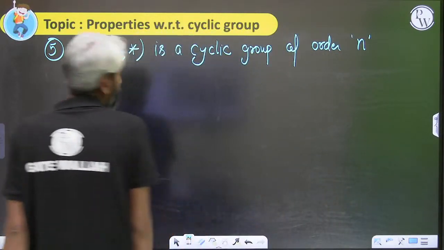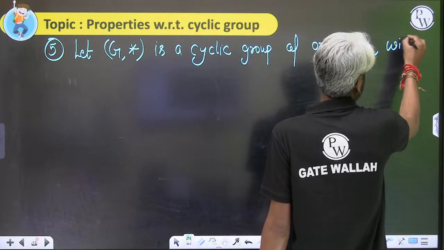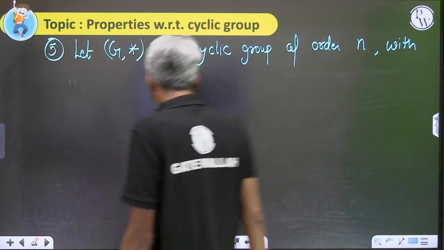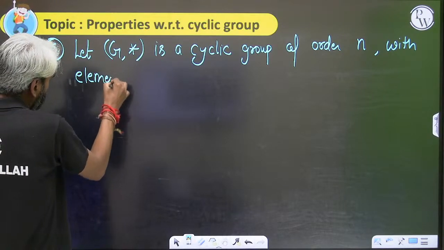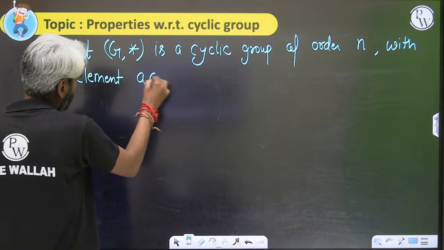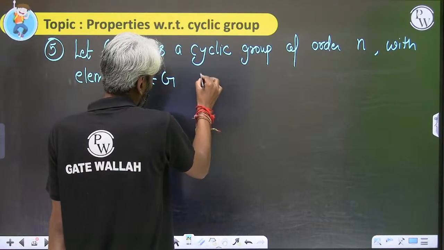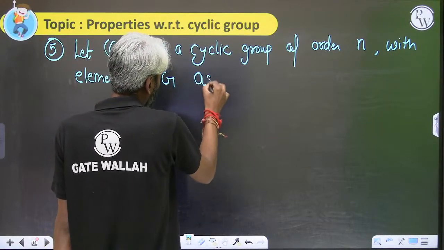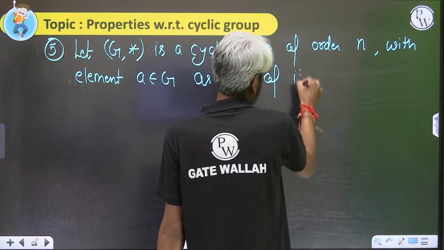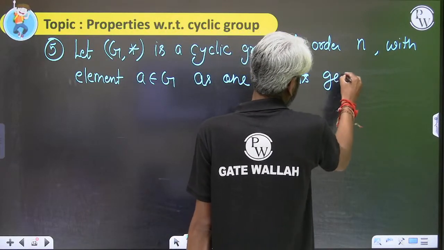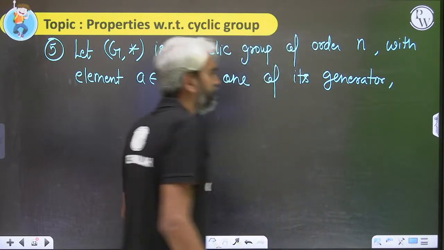G comma asterisk, the cyclic group of order n, with element A belonging to G as one of its generators.